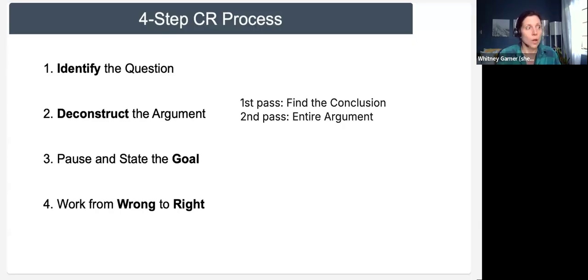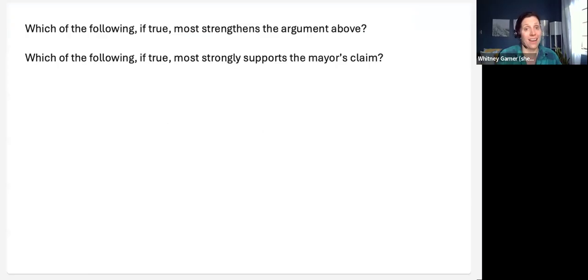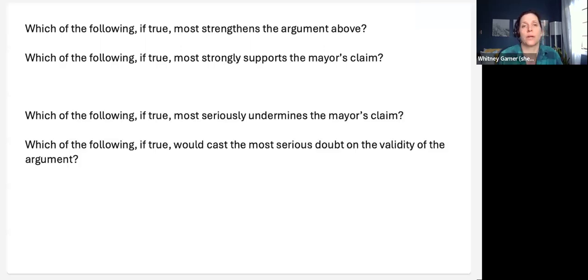Okay. When we're looking for strengthen or weaken types of questions, these are usually pretty easy to spot, I'll say. The concept of, like, which of the following strengthens are pretty obvious strengthen questions. Which of the following weakens or undermines or casts serious doubt?